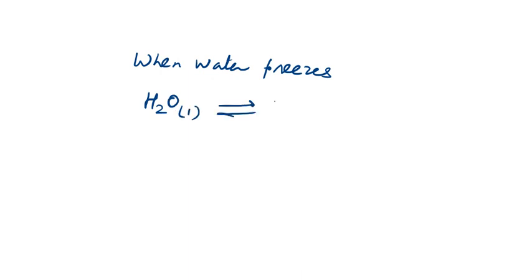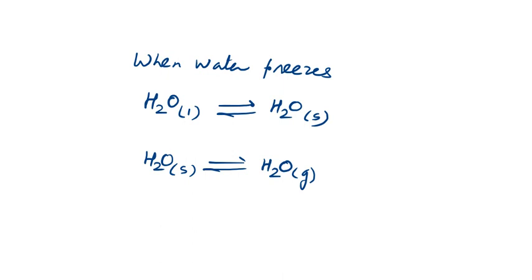When water is kept in refrigerator, when water freezes, what you see is that H2O liquid is in equilibrium with H2O solid. And you might have also seen the vapors arising out of ice in summer season. If you keep it in open, you will see vapor of water around ice. So these are some of the equilibriums that all of us observe.